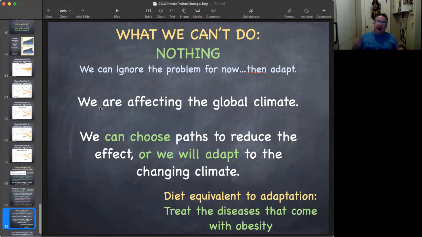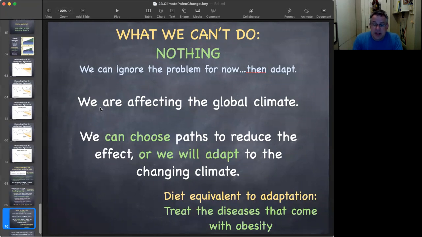We can try and mitigate the distant future changes, or even the relatively near future, the decades from now changes, by changing what we're doing now. But we're stuck on a trajectory that's going to have increasingly difficult problems for the next few decades to next few centuries as we figure out how to adapt to these problems.